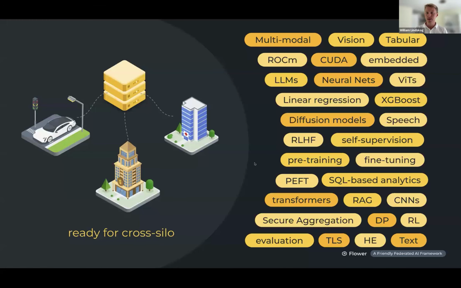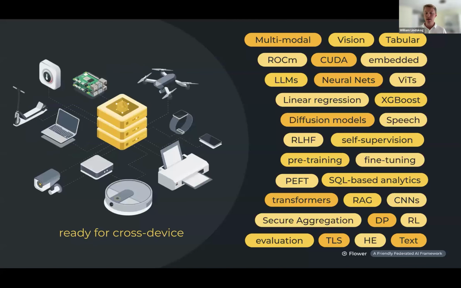At Flower, we try to make sure that it's a plug and play framework. Basically, you should be able to use whatever you want for your federated AI applications, whether you run it in experimental mode or put it into a larger scale deployment. You can also run it with various models for various data types, and on different sorts of devices.